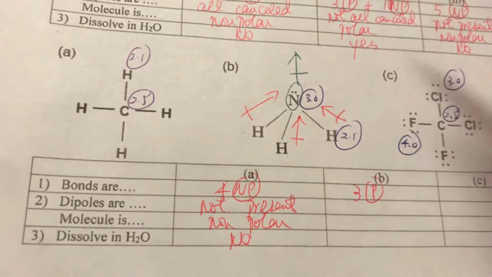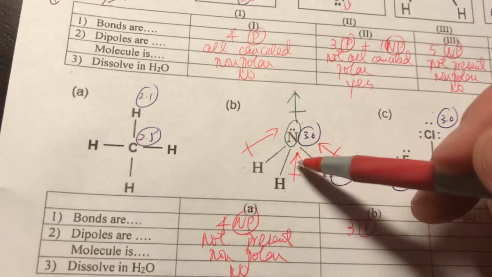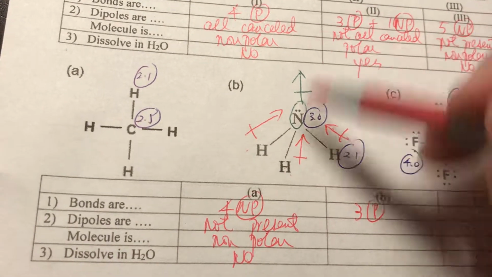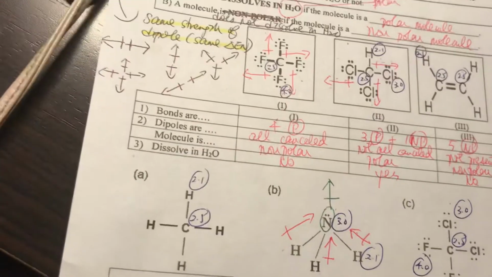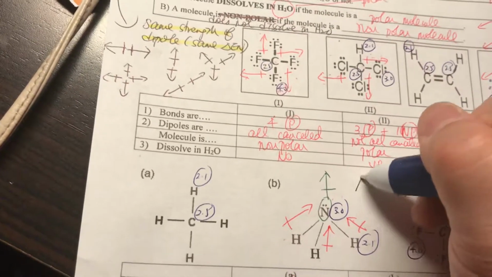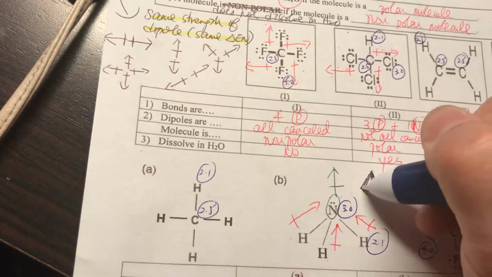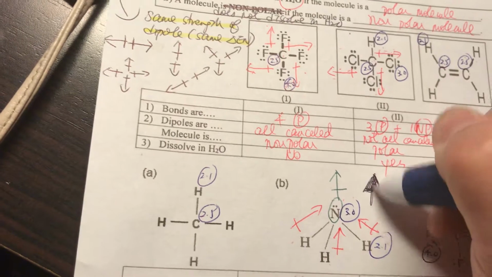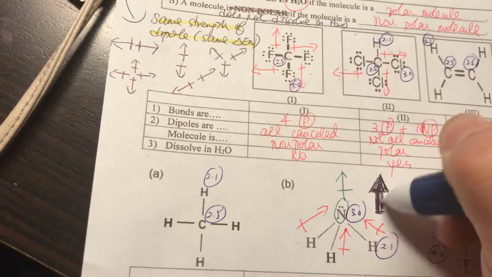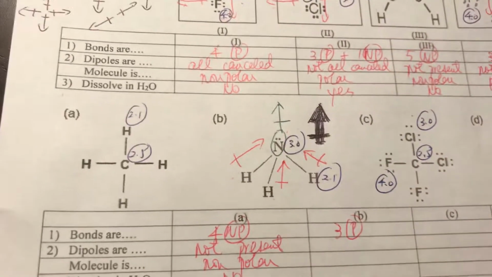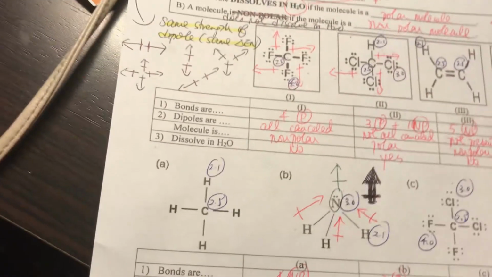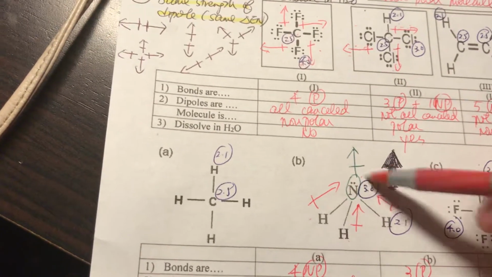Now the dipoles, you can tell one goes up, one goes up, one goes up, this also goes up. So everybody is actually going up. So they actually combine. I'm going to draw a big, giant arrow. Because this goes up, this goes up, this goes up, this goes up.